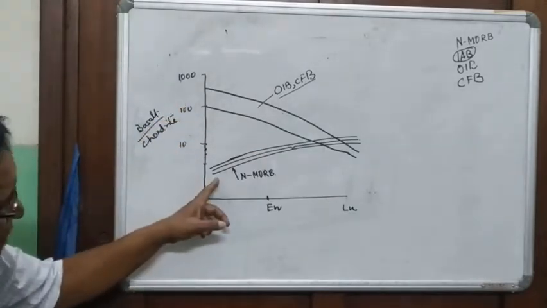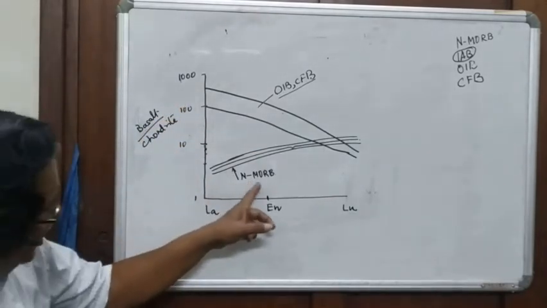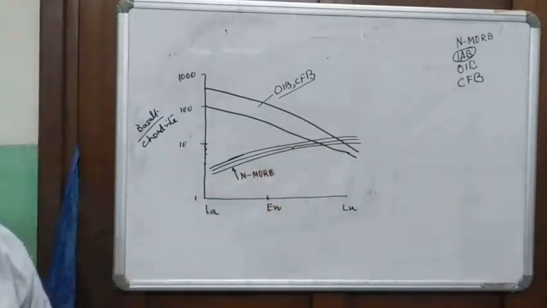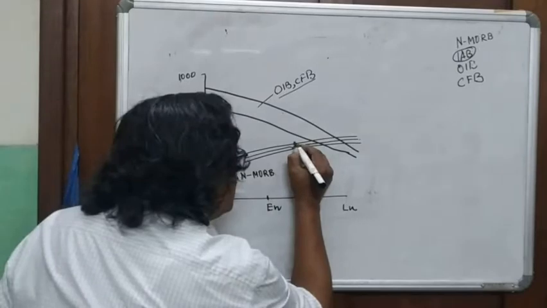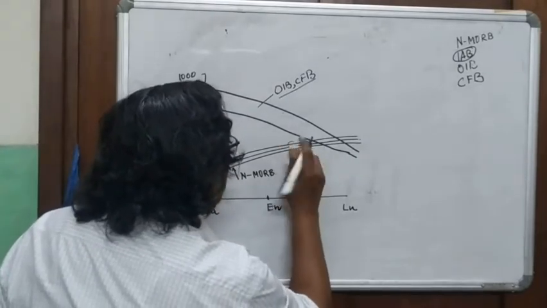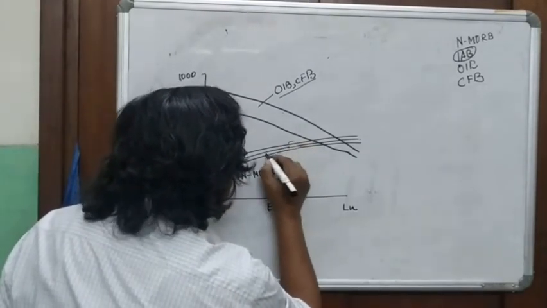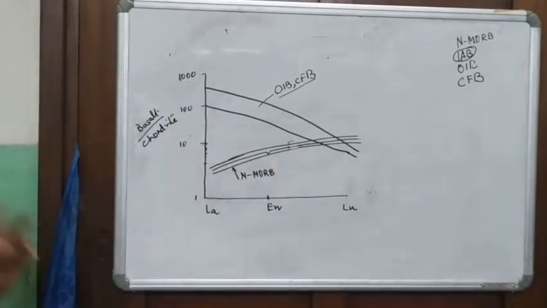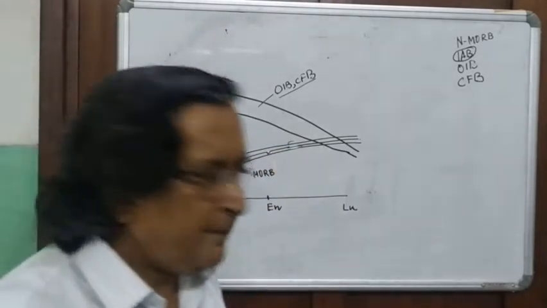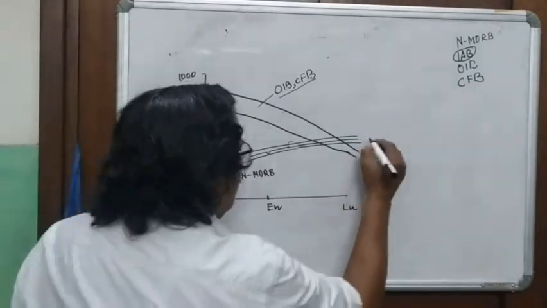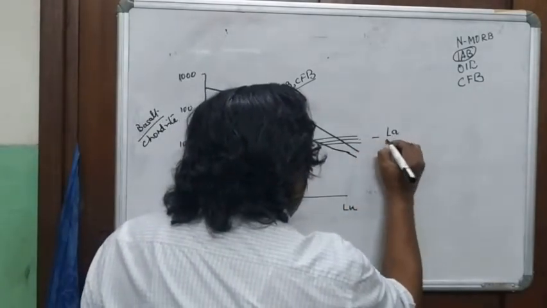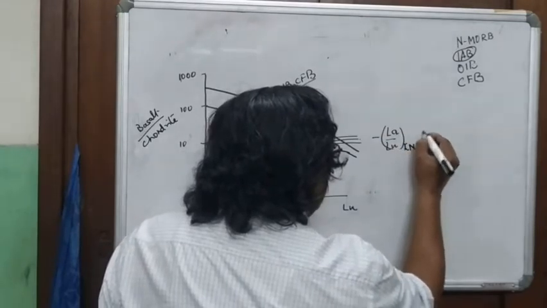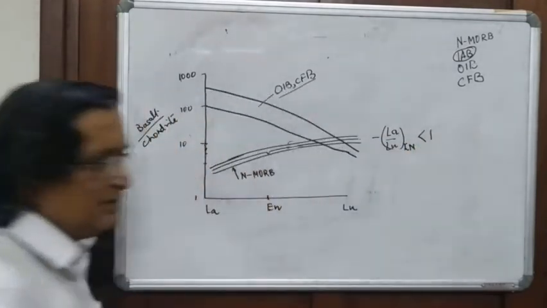And if you have normal MORB, they are like this, with a small europium anomaly. Now here, for the normal MORB, La by Lu chondrite normalized is less than 1.